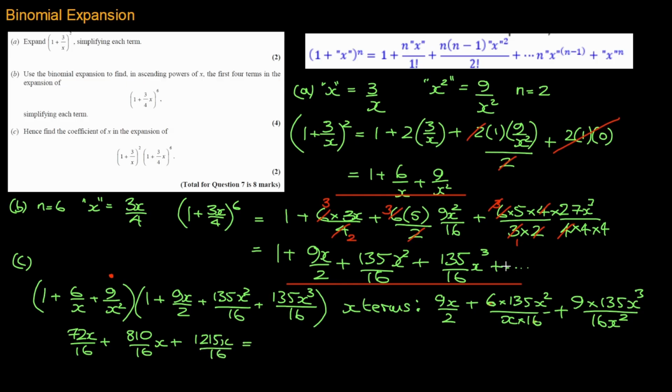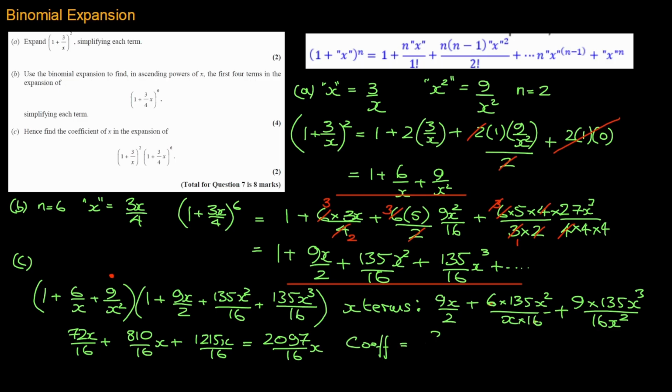And adding those all up, we get 2097 over 16 x. So the coefficient is equal to 2097 over 16. And that's the answer.